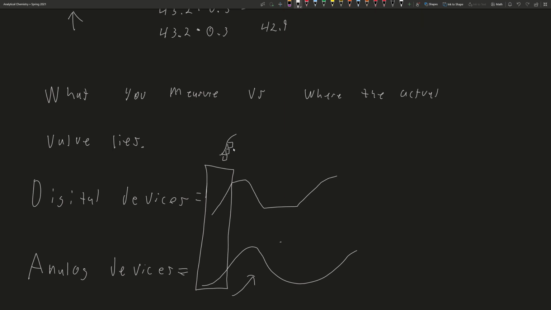So analog devices are significantly more susceptible to outside noise than digital devices. And in that same regard, analog devices have a different level of uncertainty than digital devices. It comes from that idea of zeros and ones in digital. So a digital device's uncertainty, if it's not stated anywhere on it, will always be plus or minus the smallest division.